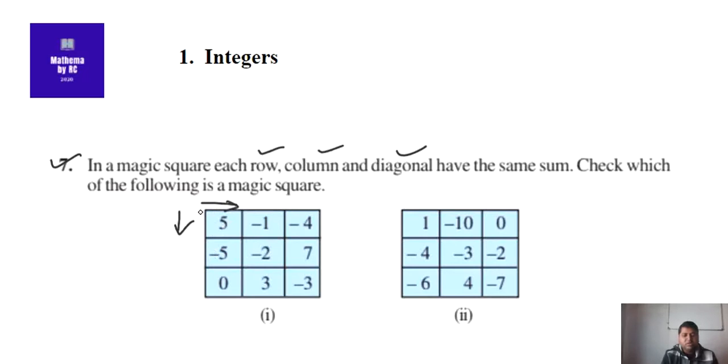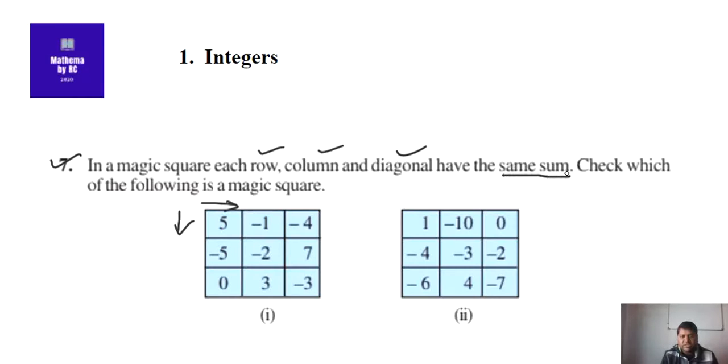In rows, that means horizontal, 3 rows and 3 columns, and the 2 diagonals have the same sum.